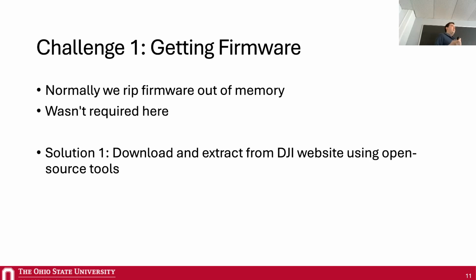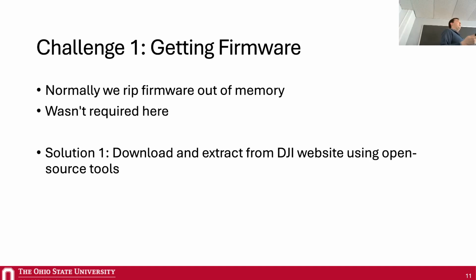But yeah, nowadays we're actually pretty good at just ripping the firmware out of memory, but back then we didn't have those capabilities, so we kind of lucked out here in that DJI makes firmware updates available on their website. So we just looked up the latest firmware for the Phantom 3, we grabbed it from there, and as it turns out, there's already a vibrant community of tinkerers and hackers who mess with DJI firmware to do things the manufacturer didn't intend.